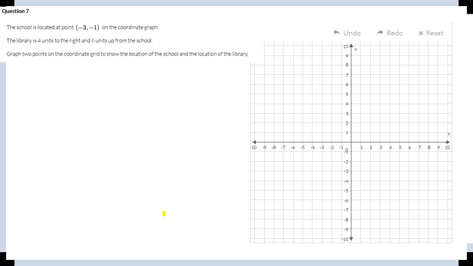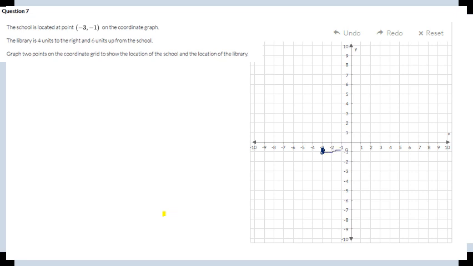So this one, the school is located at point -3, -1. Okay, so I'm going to put a point there. I'm going to go over to -3 and go down to -1 and put my point there. Now, it says the library is 4 units to the right.